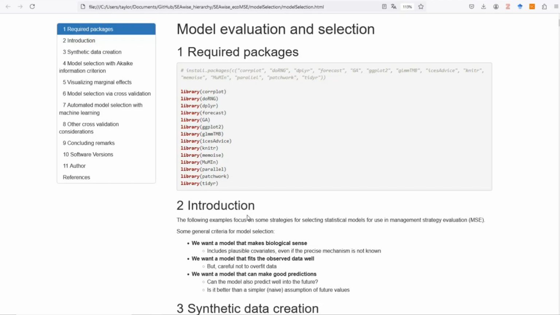So the topic here is generically model evaluation and selection, and I think I'll be repeating some of the lessons presented in the other talks from yesterday and today. But I'm using a generic example with synthetic data.